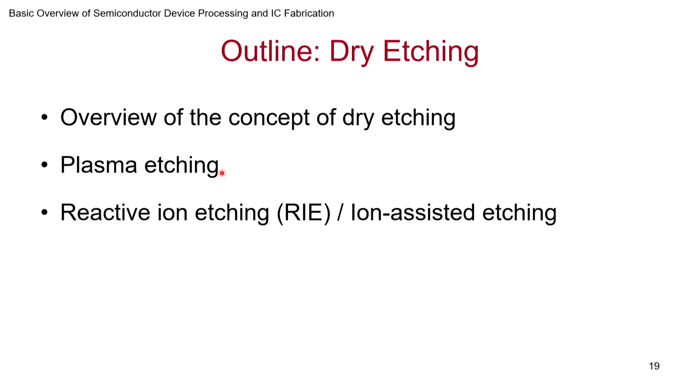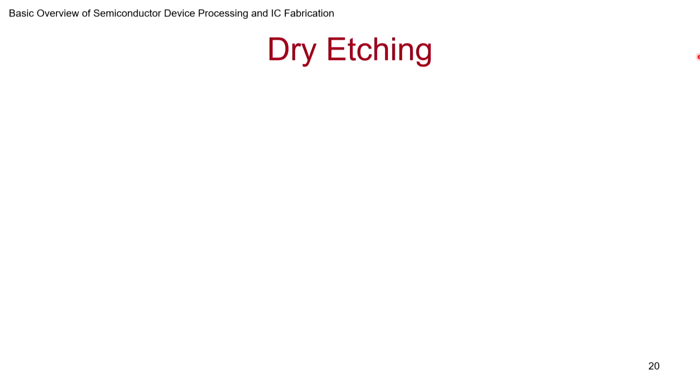Then I'll talk a little bit about plasma etching, and then conclude with discussions on reactive ion etching and ion assist, sometimes also called ion assisted etching. Reactive ion etching, RIE, is a very common term nowadays, and ion assisted etching is another term that is used.